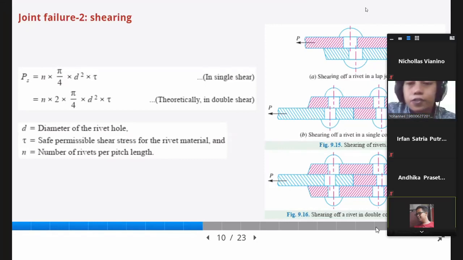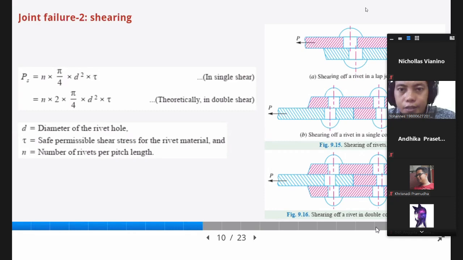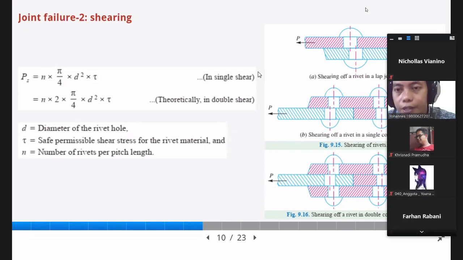Thank you for joining again. To repeat my explanation, here we have the shearing failure mode, and note that each type of joint has a different shear area.